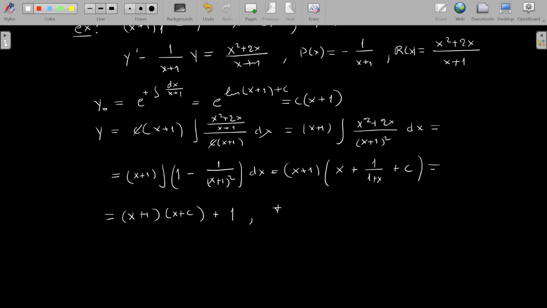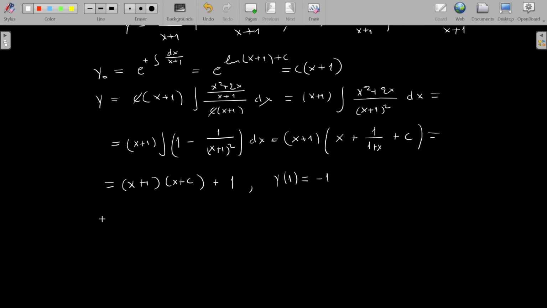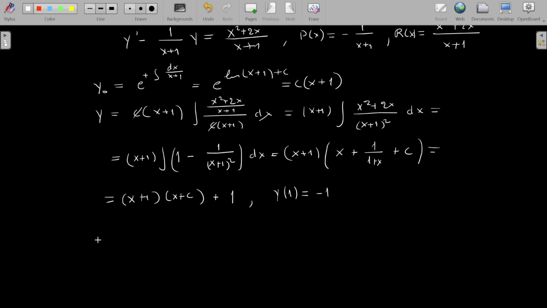Now we're given that y of 1 is minus 1. So if we plug it here, minus 1 is going to be, for x equals 1, 2 times 1 plus constant plus 1, or 1 plus constant.